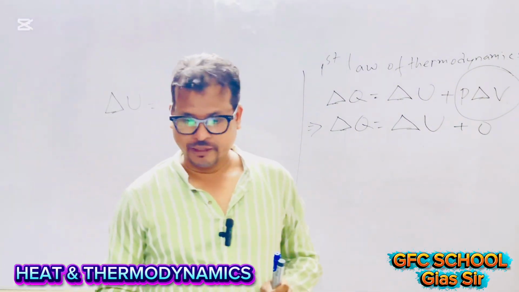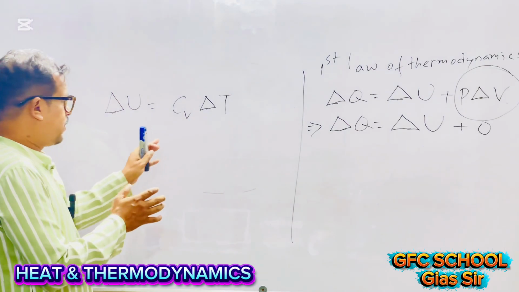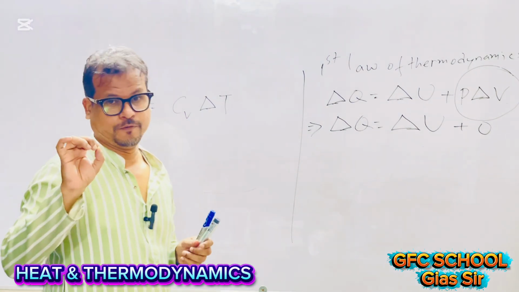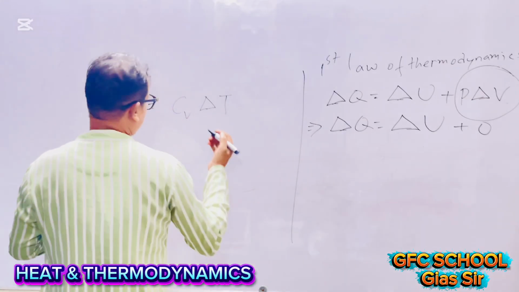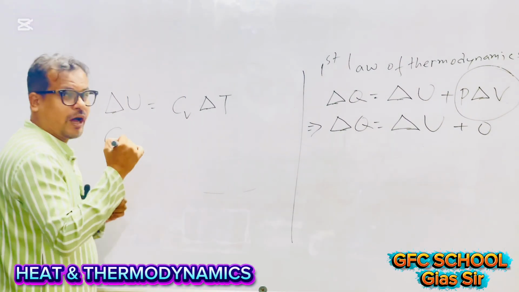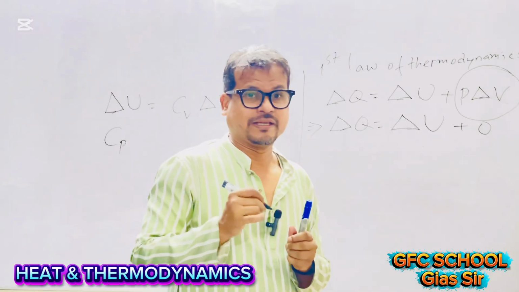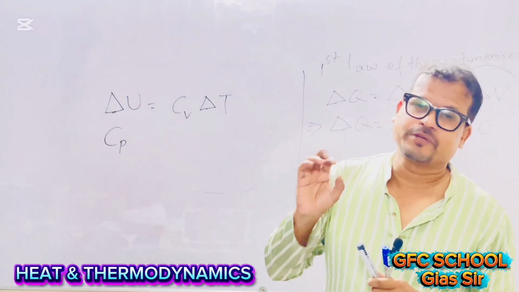Now, just now we have taken constant volume. If you take constant pressure, what will we get? Cp is the specific heat at constant pressure.